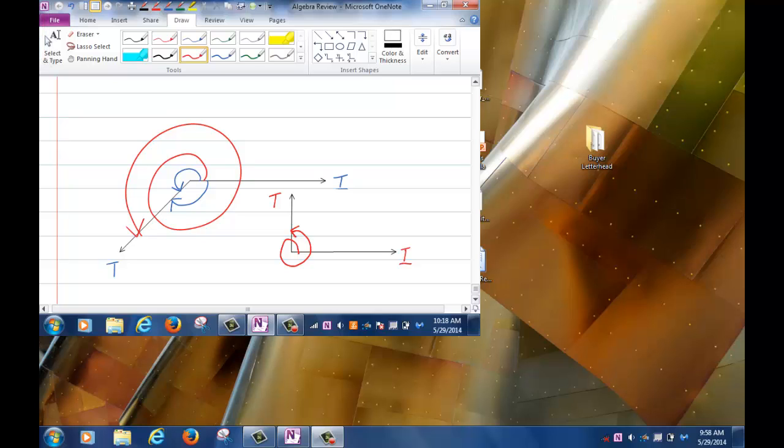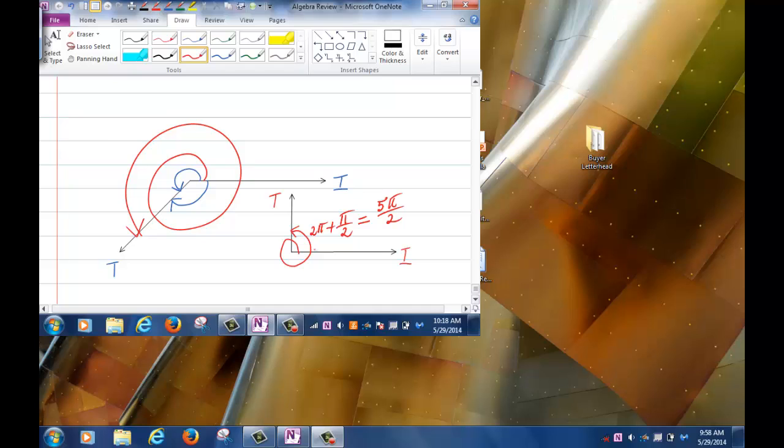It would be 2 pi is 360 degrees, right? And then plus pi over 2. So this angle is 2 pi plus pi over 2, which is 5 pi over 2.